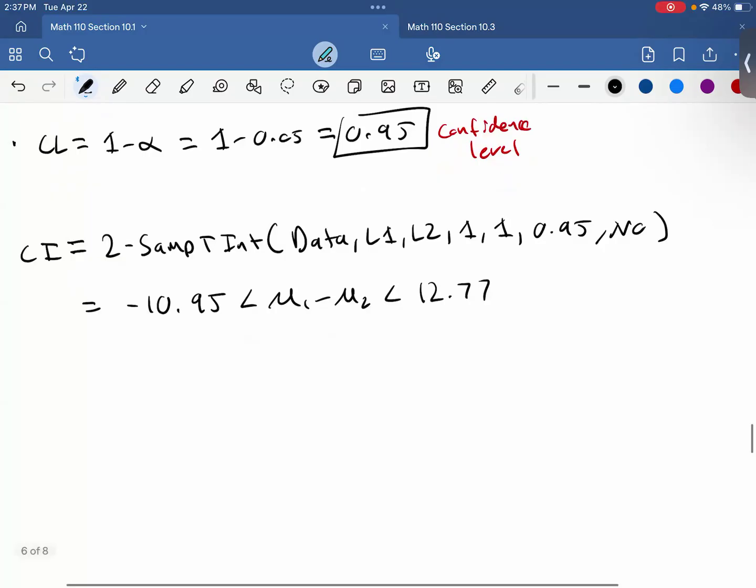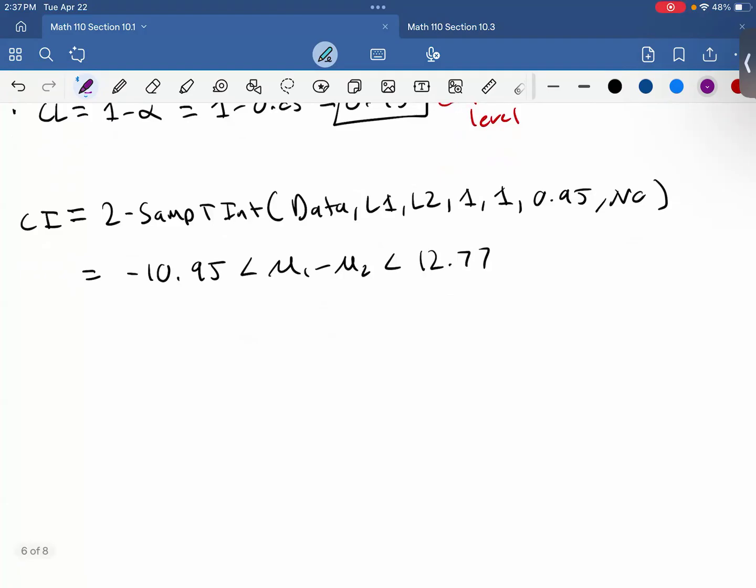So since you could see here that we have a negative number for our lower value and a positive number for our greater value, what that means is our confidence interval includes 0. And when our confidence interval includes 0, that means there's no difference in the means.